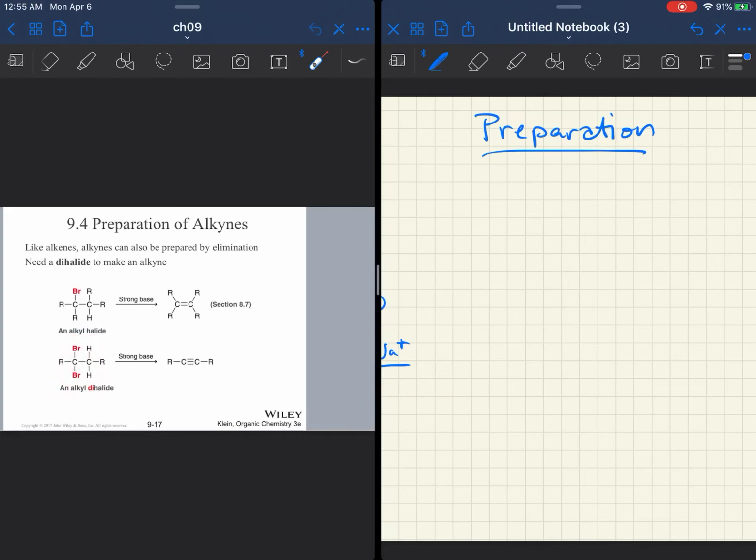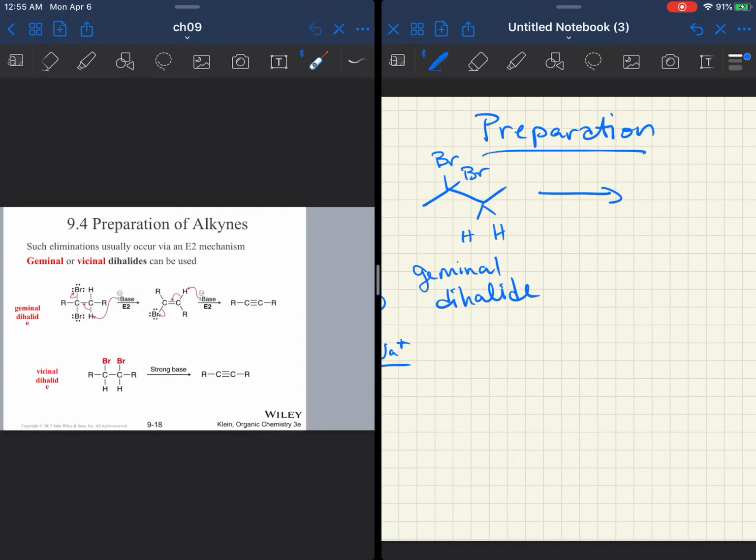Very similar, to make a triple bond, you need to remove 2 leaving groups, 2 protons. You need a dihalide. So there's a couple of different options here, and I'm just going to do a generic, random starting material.